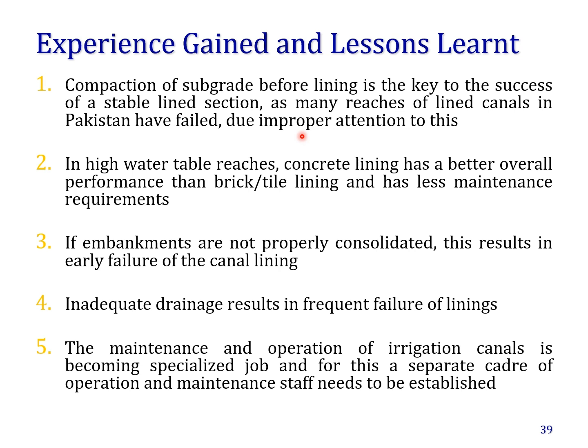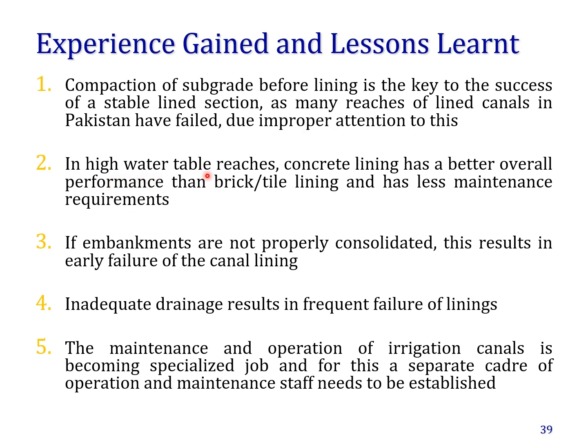When you are placing the lining, the bed material, meaning the material of the banks and the bed, needs to be properly compacted. If you compact it properly, your lining will not settle or crack, and will be stable, which keeps the cross section preserved, and maintenance will be less.